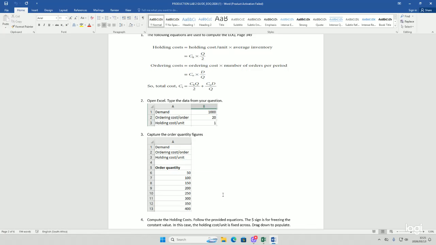You then have to come and do this EOQ to check how to improve their cash flow and operational efficiency, and how to balance the storage costs with the processing costs. Okay, so now let's start doing that. Here we'll be using Excel.